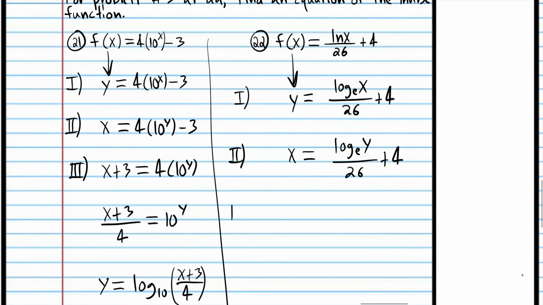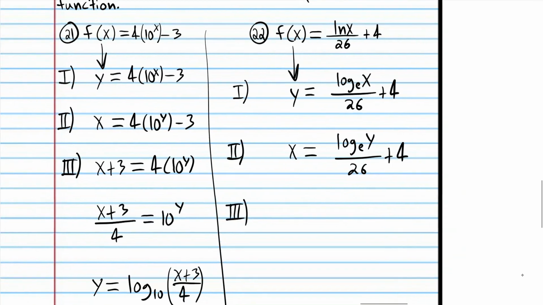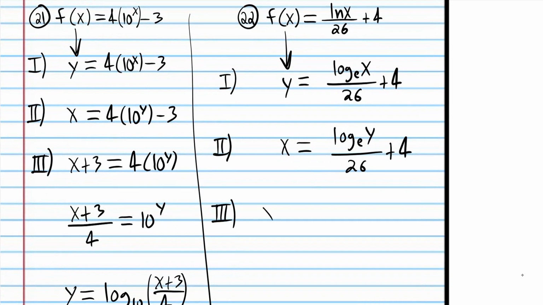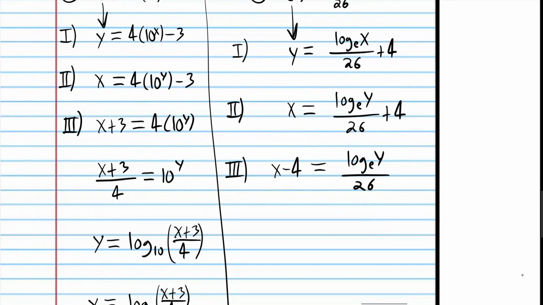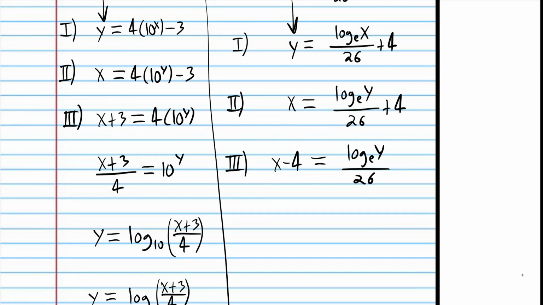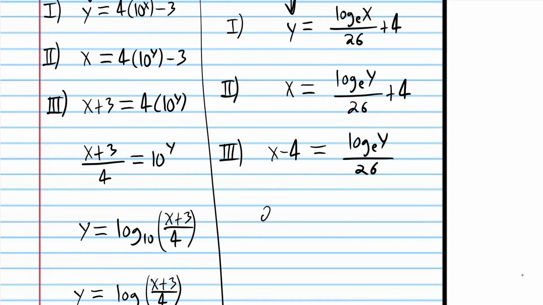Step number 3, solve for y. Subtract 4 from both sides. You don't have to show every algebraic step here. Multiply both sides by 26. Now we get 26x minus 104, if I did my math correctly.